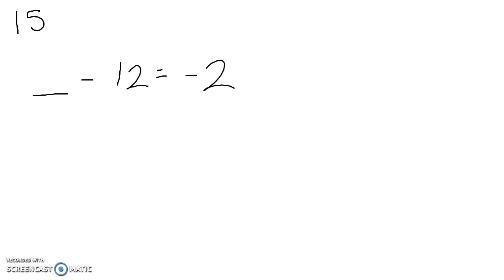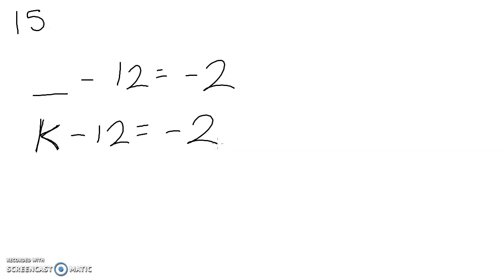However, if you did not want to use a chip model, you could go back to using the variable. Let's see, what letter do I want to choose this time? Let's choose a K. So I have K minus 12 equals a negative 2.